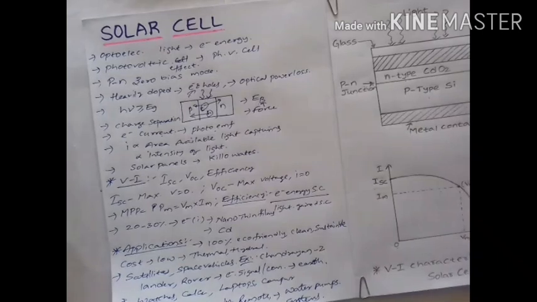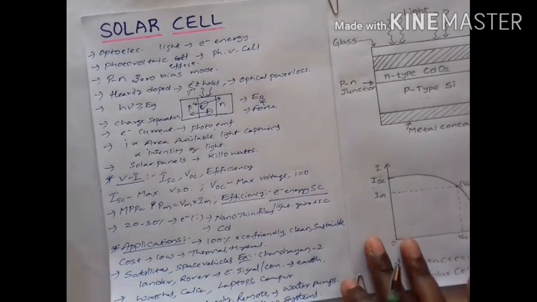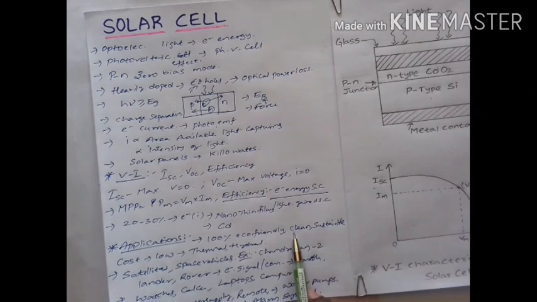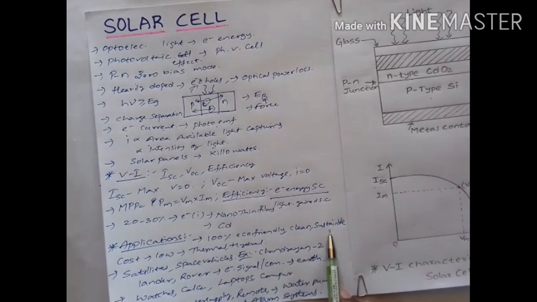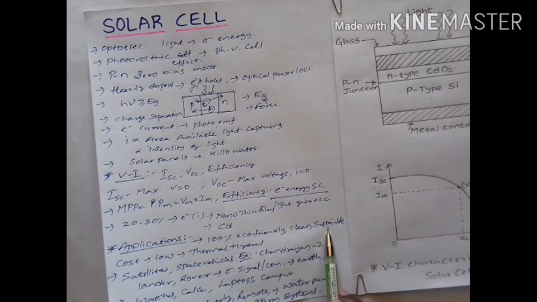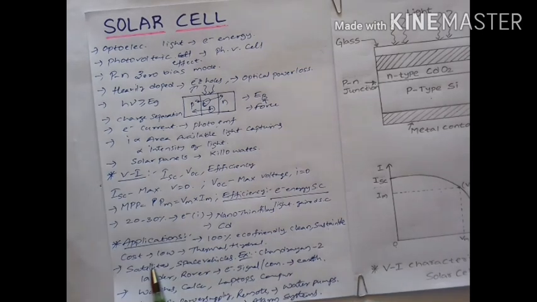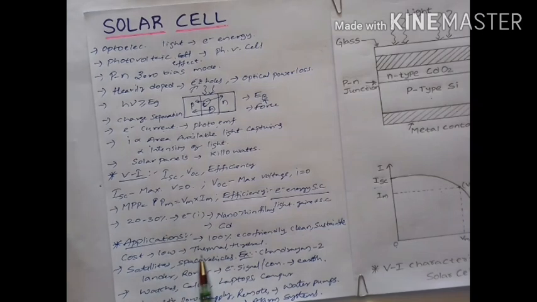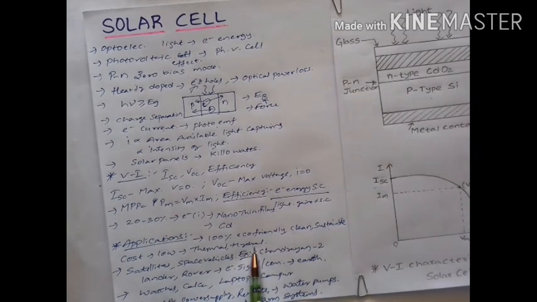The main reason we prefer solar cells is that they are 100% eco-friendly and clean. This solar energy is very clean energy, and we can sustain on it, and the cost of solar energy has become low when compared to thermal and hydel power nowadays.